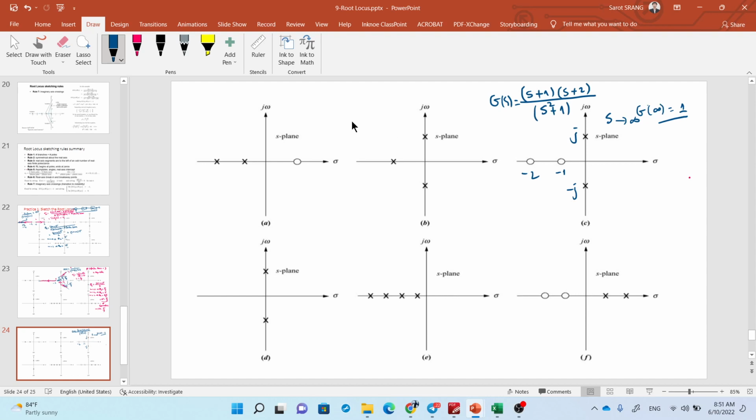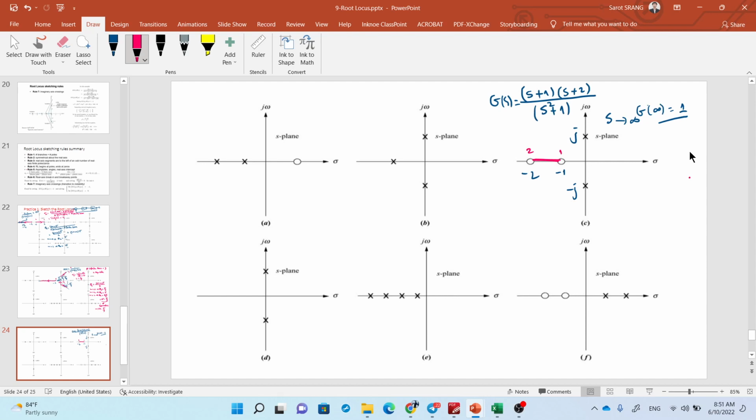See? It does not have asymptotes. And let's check with other rules. But first start with rule number 3, real axis segments to the left of finite poles and finite zeros. Let's label first. Number 1, number 2. Real axis segments must be to the left of an odd number. So here, just here. So no other real axis segment.